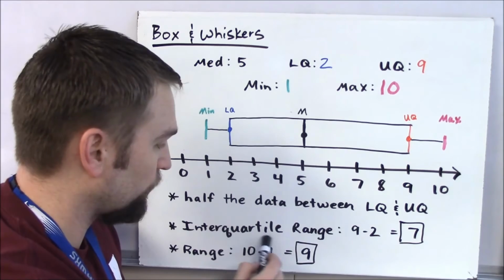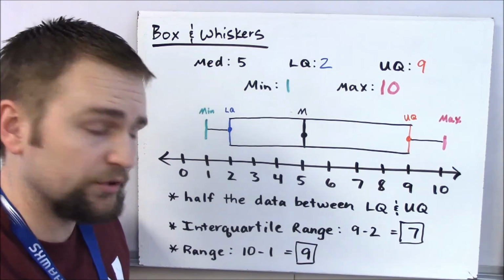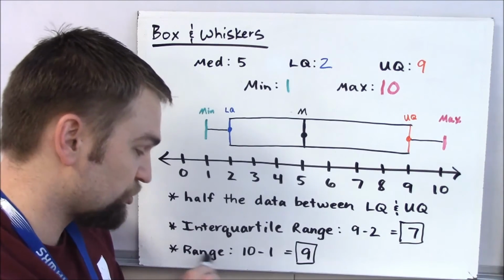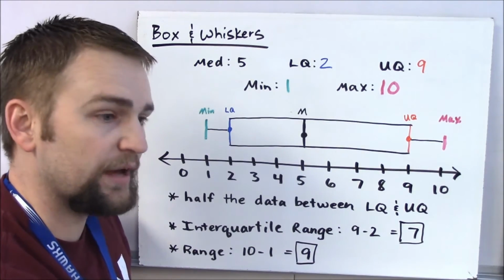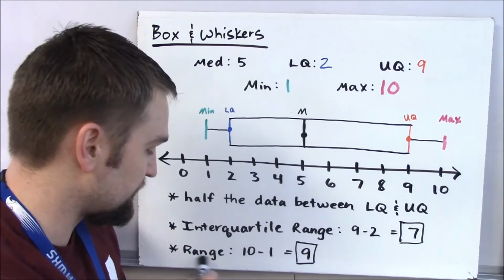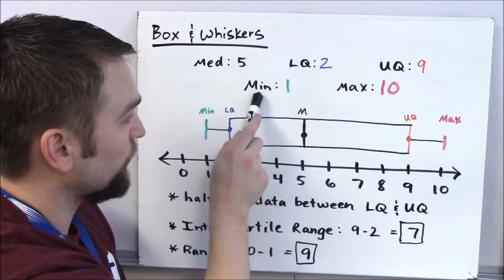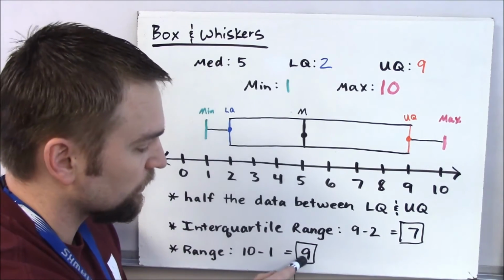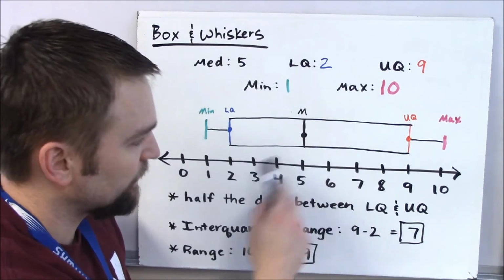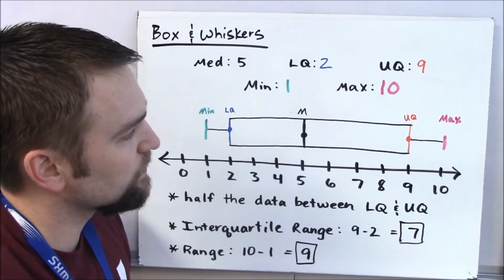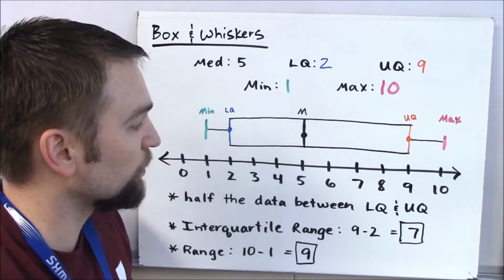Now, range, a little review, is just the highest piece of data take away the lowest piece of data. It's the difference. 10 maximum take away our minimum of 1, our range is 9. I know this is a lot of information, but it's important to remember these keywords.